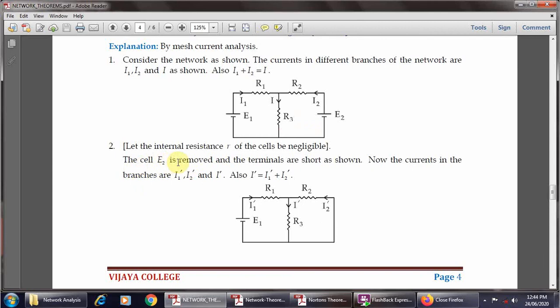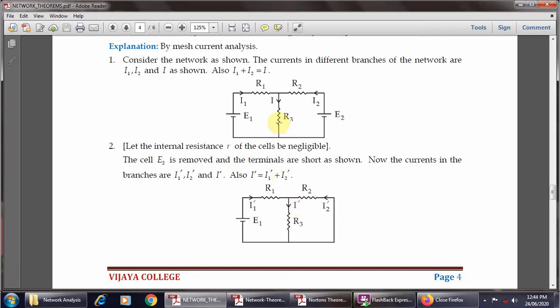Then the cell E2 is removed and the terminals are shorted as shown in the figure. Due to E1 the current flowing through the circuit is I1 dash, and the current in the other branch is I2 dash, and now the currents are in the branches. Here is I1 dash, here is I2 dash, and the total current is I dash.